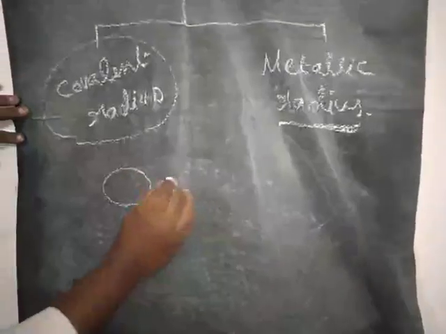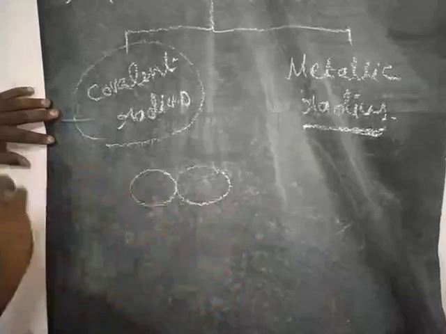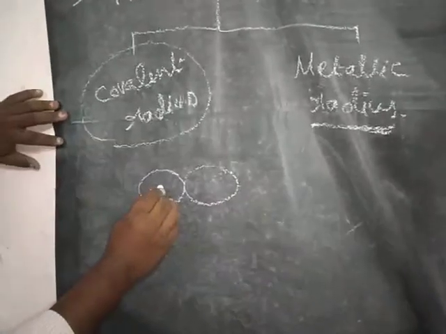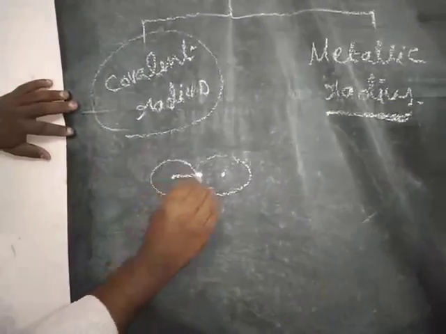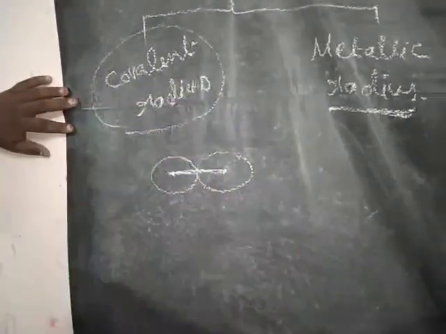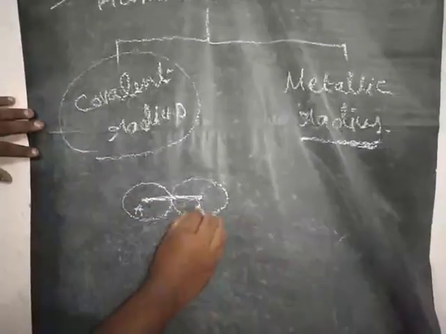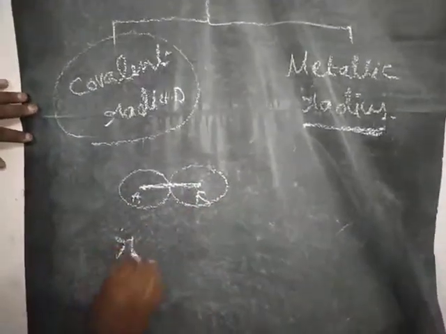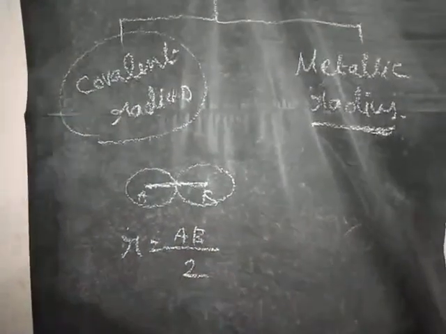If you are taking two metals, or the same type of metal, the center of the nucleus here, and the center of the nucleus here, we have to measure the distance, divided by 2. Suppose A, B, radius R is equal to AB divided by 2.